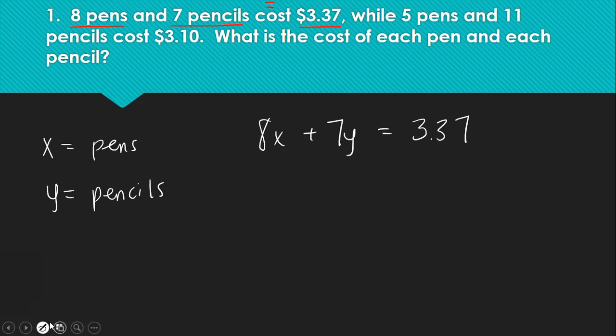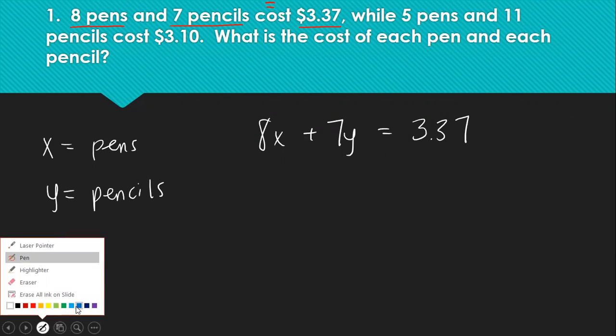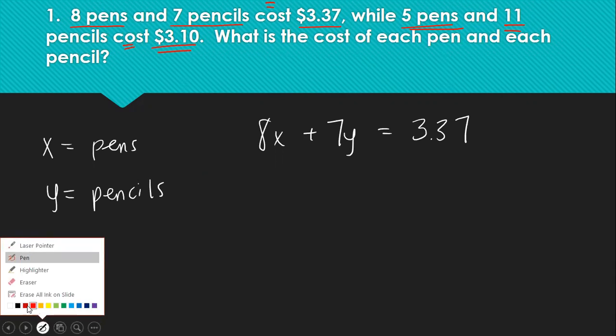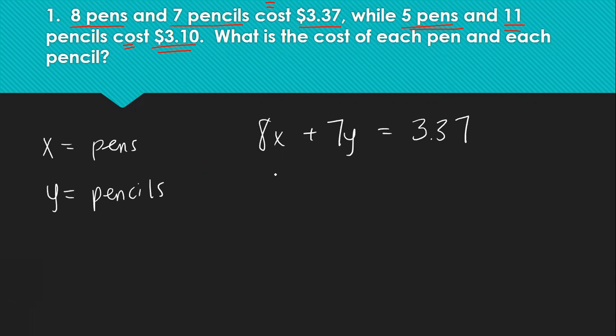In the second sentence, it says I have 5 pens, 11 pencils, and they cost $3.10. So my second equation is 5x plus 11y equals $3.10.